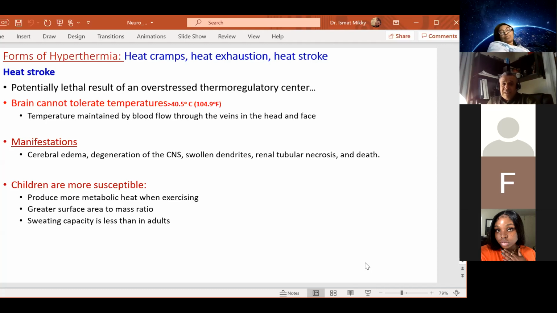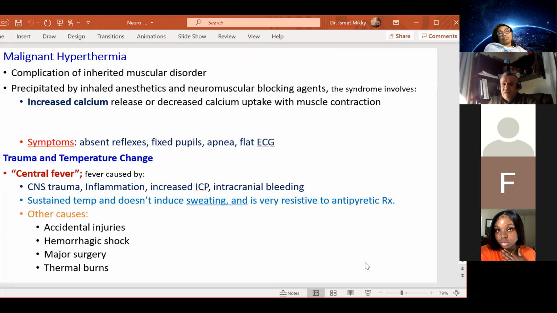So we should not attempt to lower the temperature by rapid peripheral cooling in heat stroke cases. Remember that cool temperature results in vasoconstriction, and heat results in vasodilatation. Like in the inflammatory process, there is vasodilatation. That's why there is hotness and warmth on the affected inflamed part.